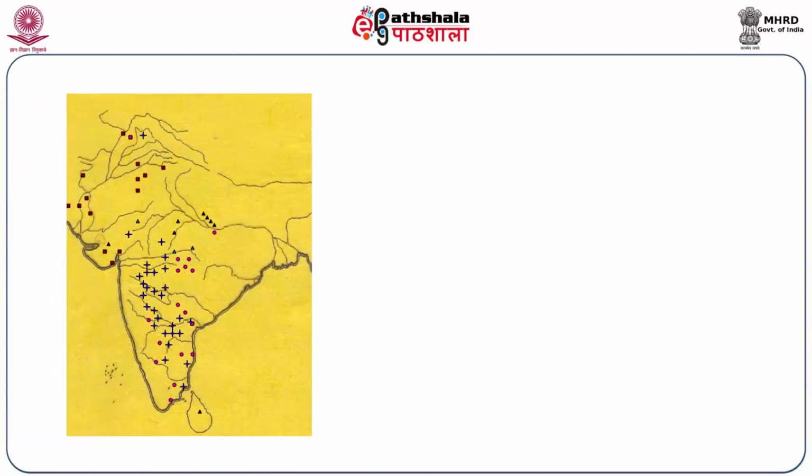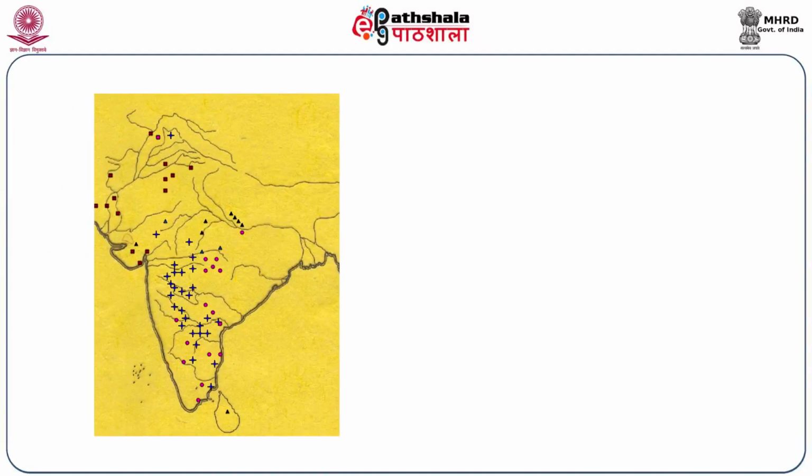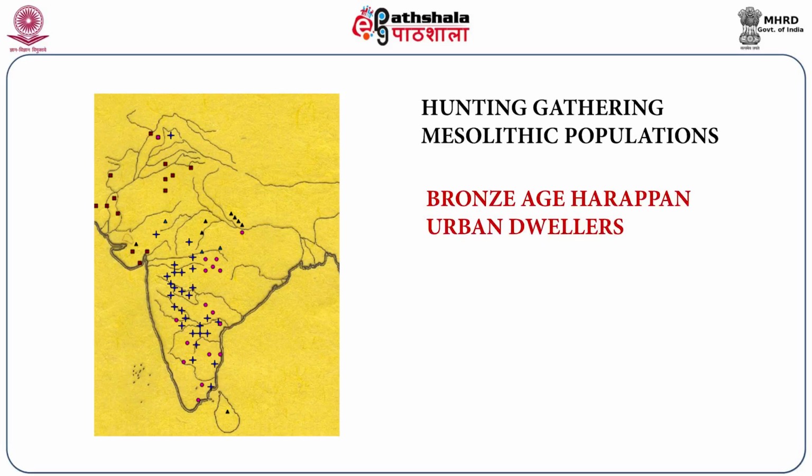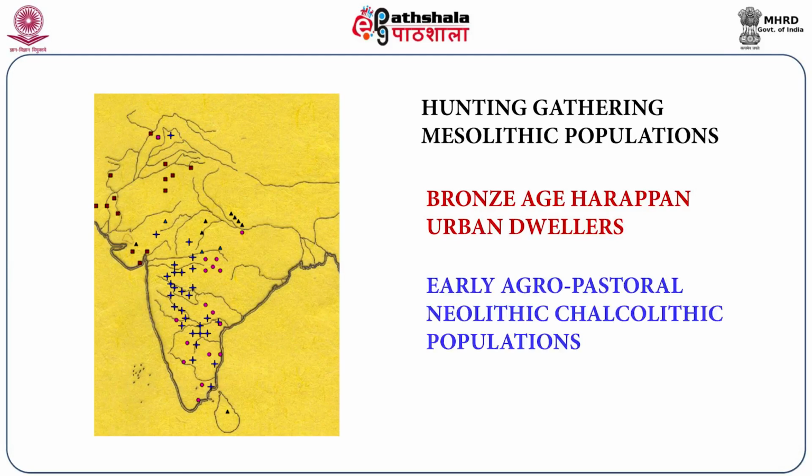Now, we can look at the Indian skeletal materials from different contexts of India. They can be classified into four major categories. We have skeletal materials from hunting gathering or Mesolithic population, Bronze Age Harappan urban dwellers, mainly the Indus Valley cultures, and then early agropastoral Neolithic Chalcolithic populations, and then we have evidence from Iron Age megalithic builders.